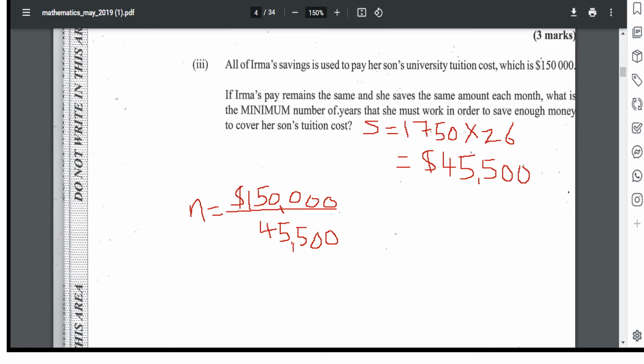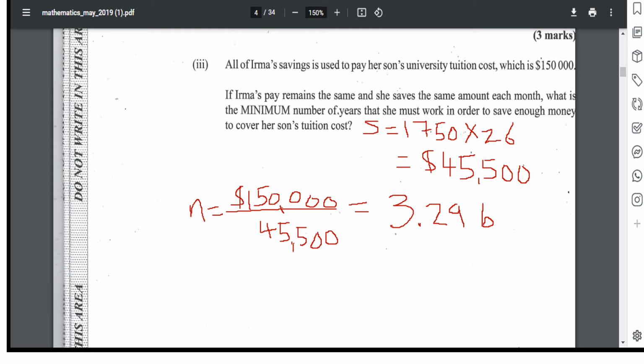To give us an answer of 3.296, but this will not be the answer.